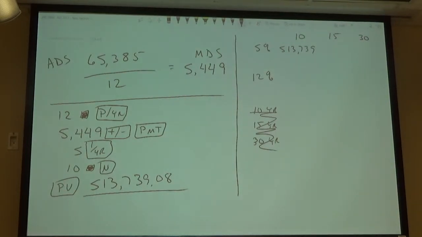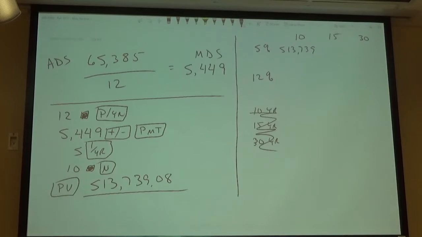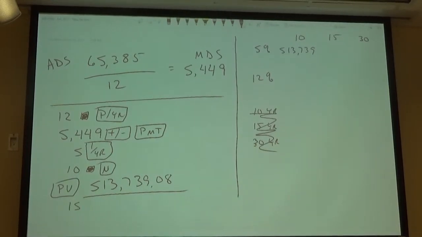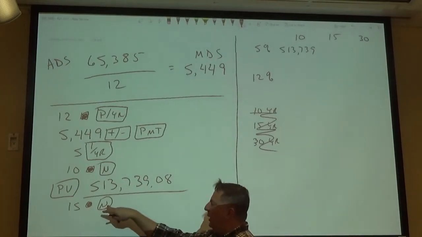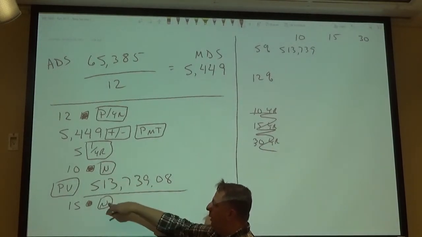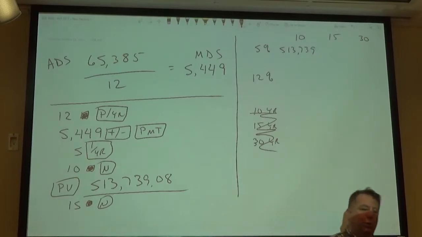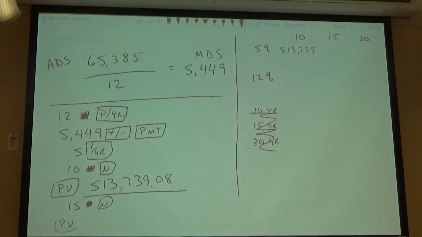So now, if I want to make a change, and specifically, we want to go with the term being increased to, let's say, 15 years, we don't have to redo the whole problem. The beauty of the calculator is we're able to simply put in the new term, replacing the old one, and then resolve for the maximum loan amount.